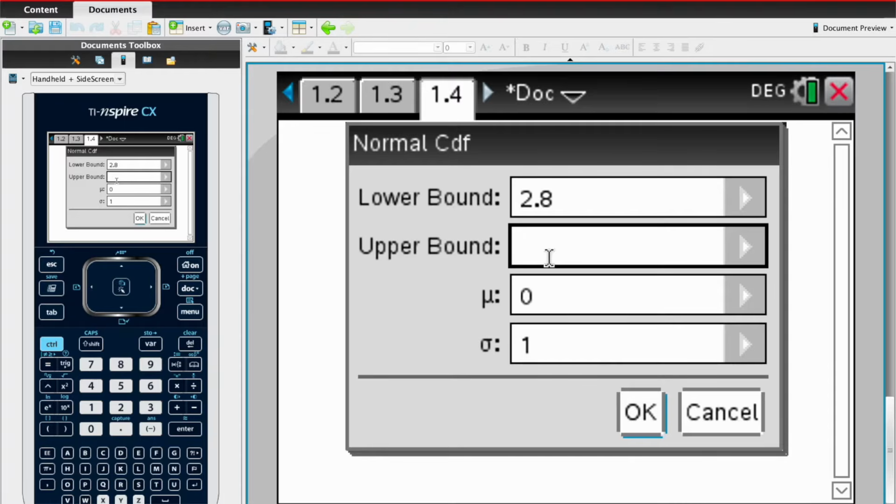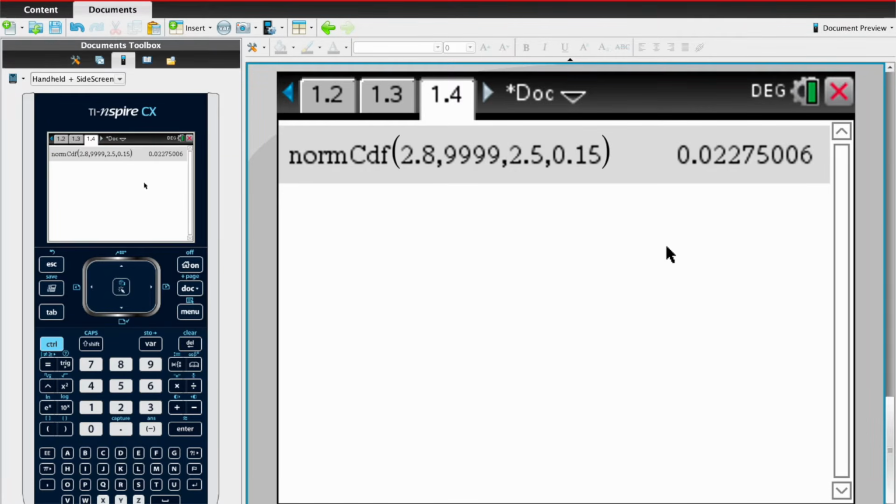Reasonably, we could put 10 grams, but let's just put 999 just to make sure. The mean itself is 2.5 grams. Standard deviation is 0.15. All right, so the probability that we have a component that is greater than 2.8 grams is roughly equal to 0.02275, or 2.28%, I guess. So let's go back to the document and write this out.